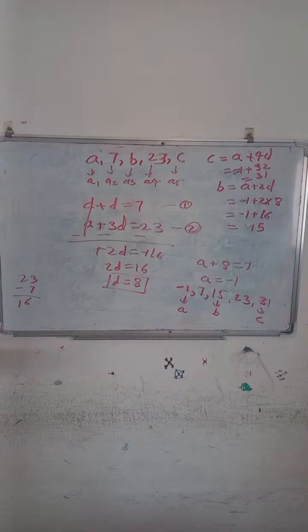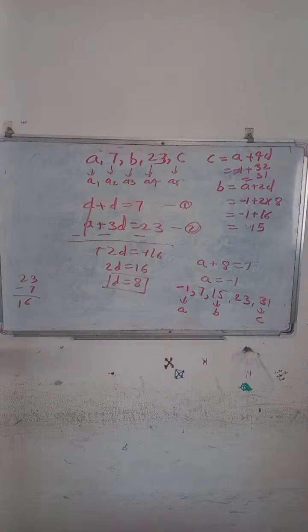Write down: if the nth term of an AP, minus 1, 4, 9, 14 and so on, is 129, find the value of n.